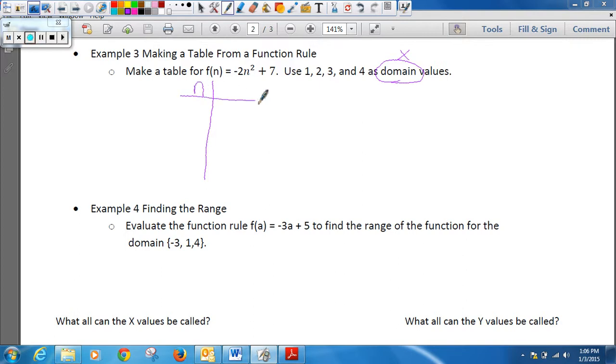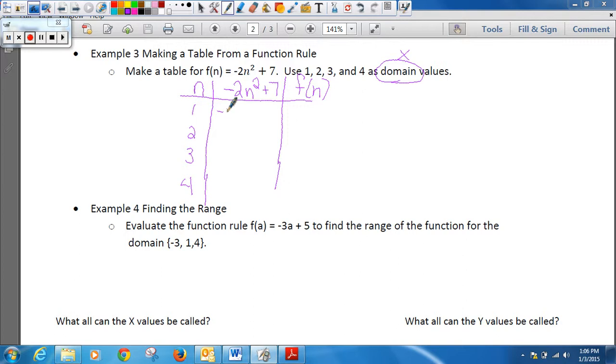We have our n, what our domain's going to be. Then we have our function rule here, negative 2n squared plus 7. And then we have our output, which is f of n. So we're going to use 1, 2, 3, and 4.